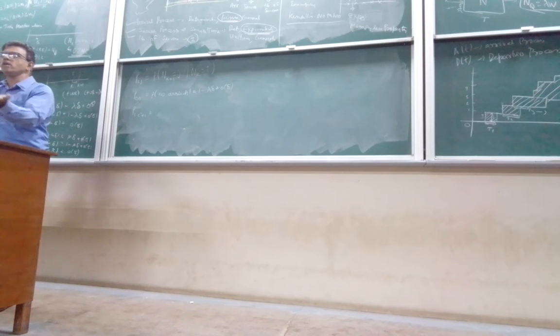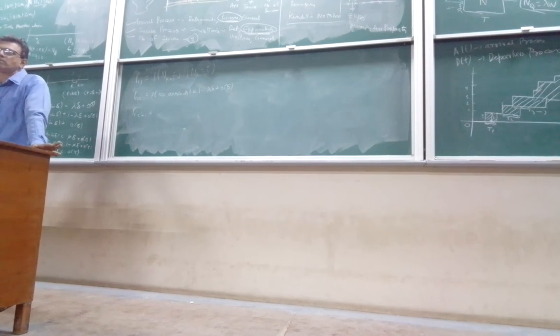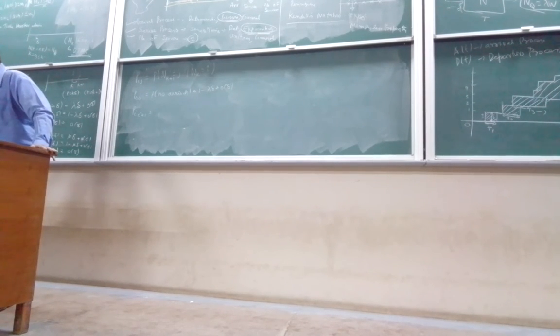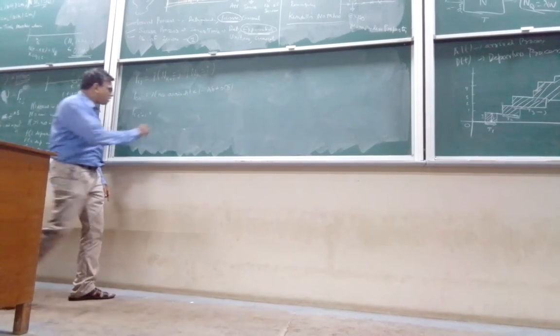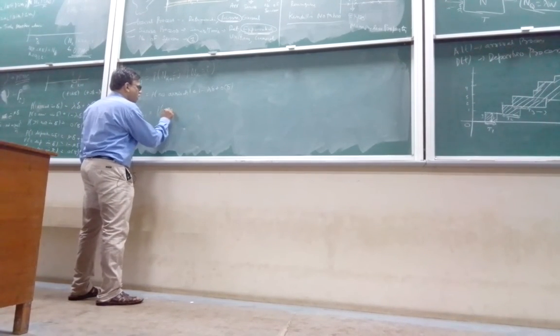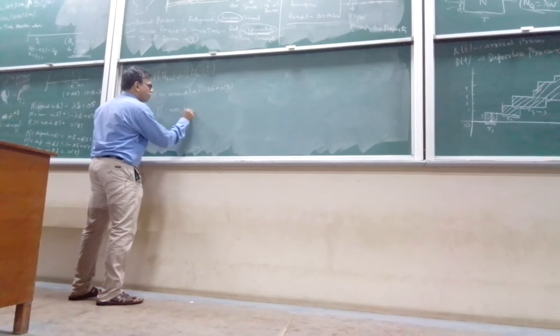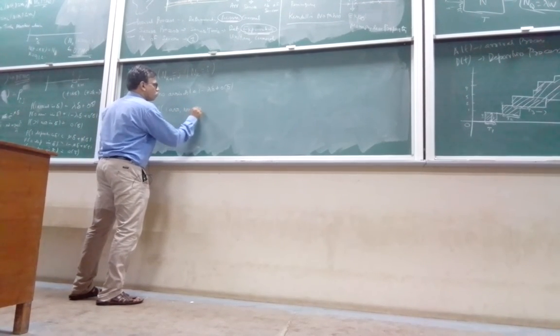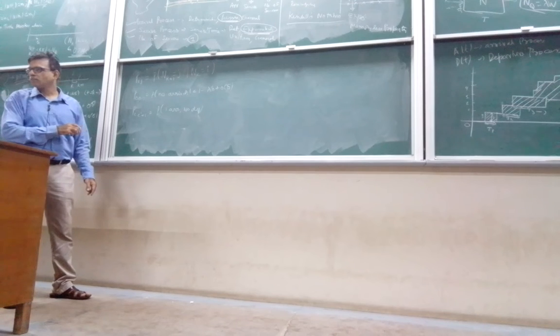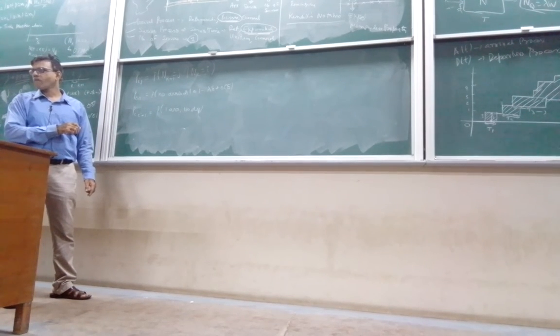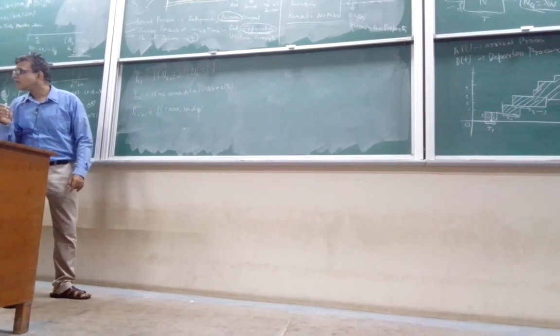Tell me a scenario in which the number of customers will increase by 1. One arrival, good. Correct. That is one way. Probability of one arrival, no departure. Okay, and then, good.